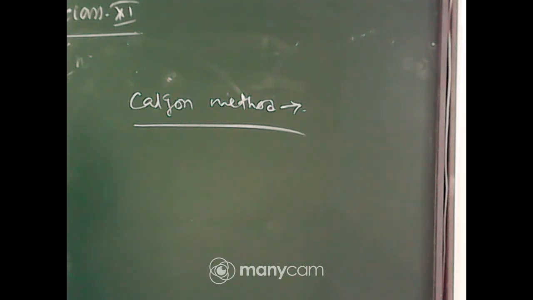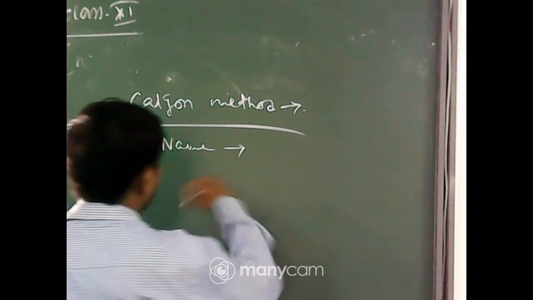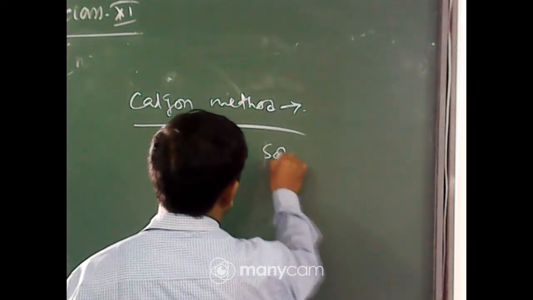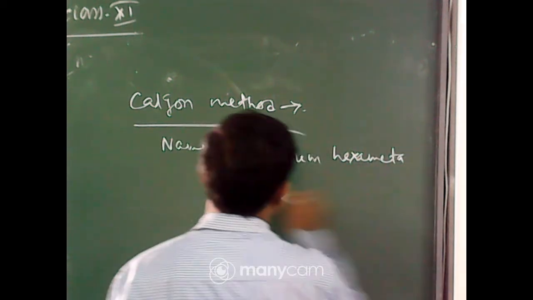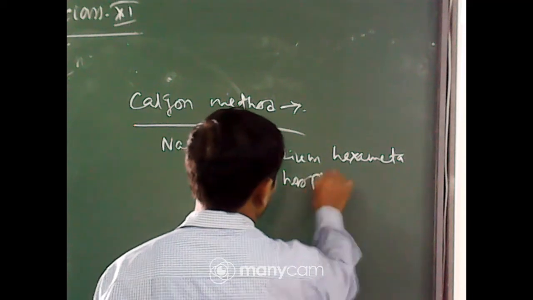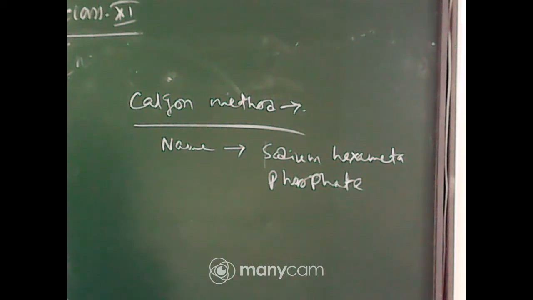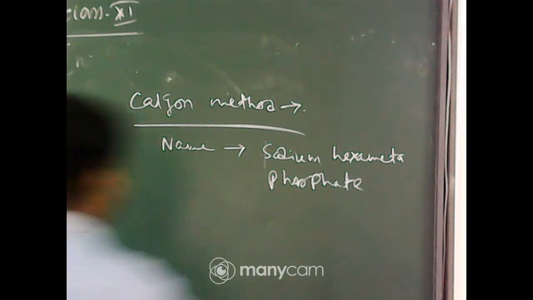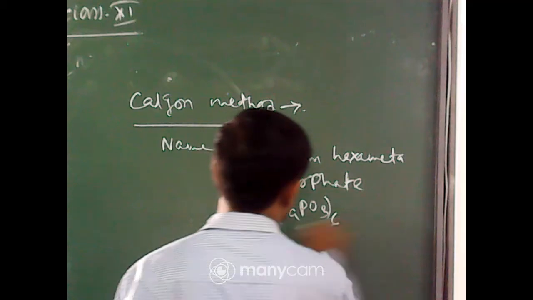The name of Calgon is sodium hexametaphosphate. It is a chemical compound, and the formula of it is NaPO3 whole 6.